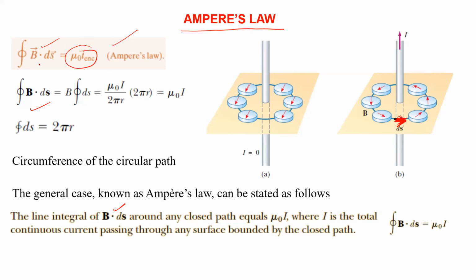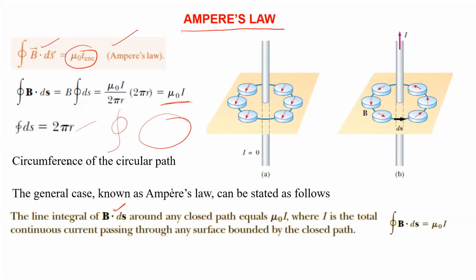B dot ds means B ds cos theta, and theta is equal to 0, so in this case you can write mu 0 into I. B dot ds is equal to mu 0 I, and what is the total ds? It is the integration of the whole path, which is a circle.